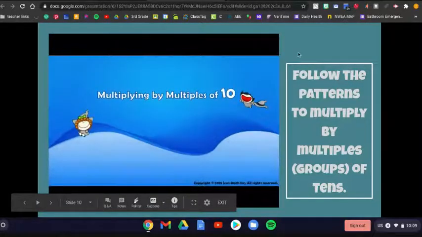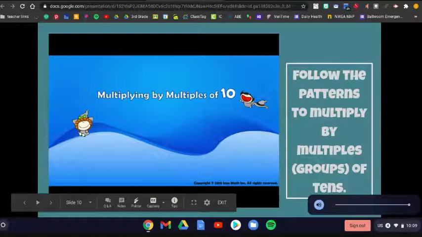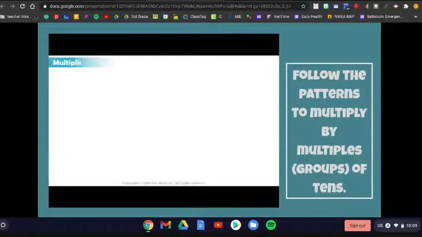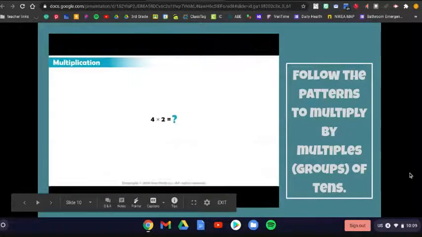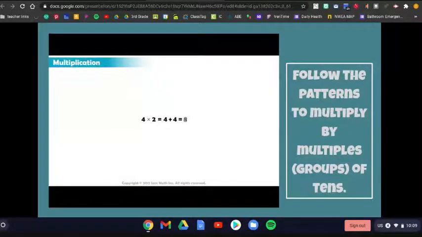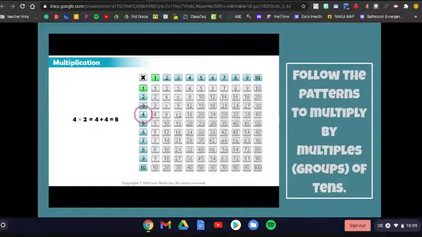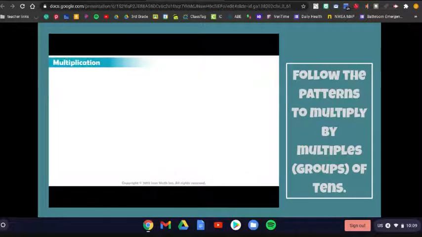Multiplying by multiples of 10. If you are asked to multiply 4 by 2, you will find the result quickly because you can use repeated addition or use the multiplication table. But what if instead you needed to find the result of 4 multiplied by 20?